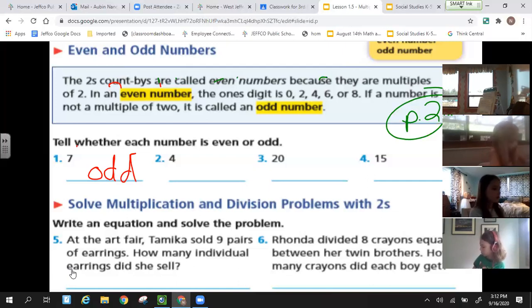So it's odd. Okay, number 2, the number is 4. Lyric, is 4 odd or even? Even. How do you know? Because 2 plus 2 equals 4. You can break it into 2. Oh, here's a tricky one, 20. Charlie, what do you think?